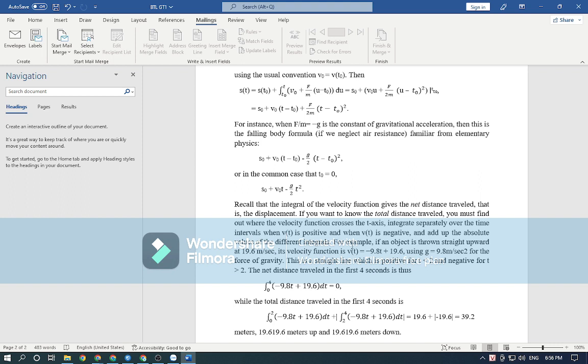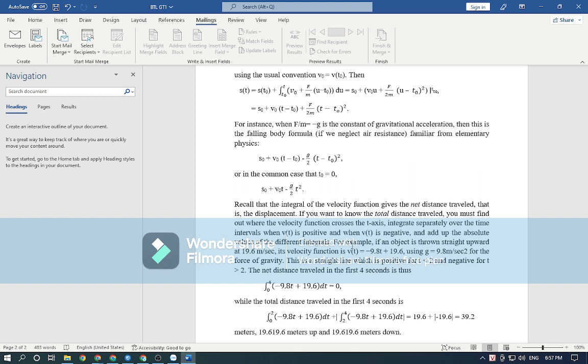And the second topic: suppose an object is acted upon by a constant force F, with velocity V(t) and position S(t). By Newton's law F equals ma, so the acceleration is F divided by m, where m is the mass of the object. Then we use the usual convention V0 equals V(t0).